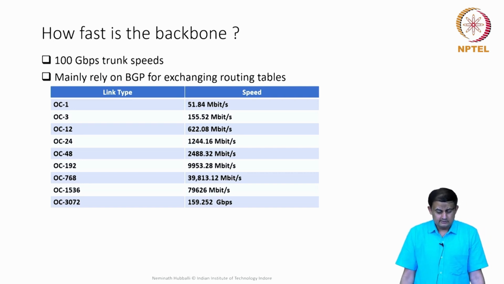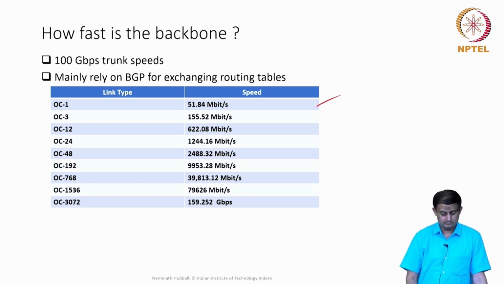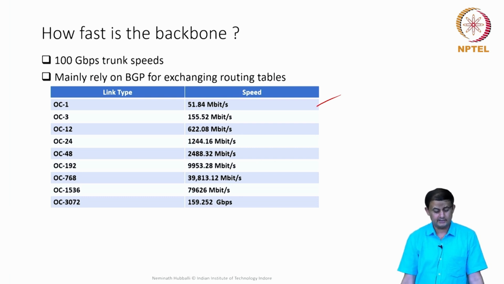For the backbone, these undersea cables that we are talking about, there are a bunch of standards developed over a period. People have developed standards for how much bandwidth capacity they can offer. Right from something called OC1, which was able to provide 51.84 Mbps of backbone data, meaning that if you lay one cable of the type OC1, the maximum bandwidth that you get is about 51.84 Mbps.